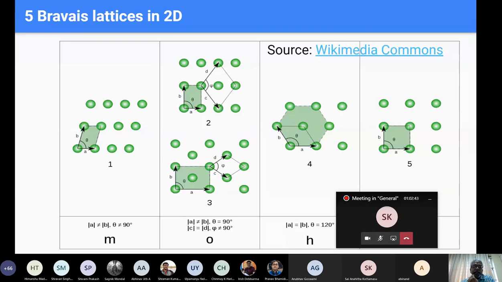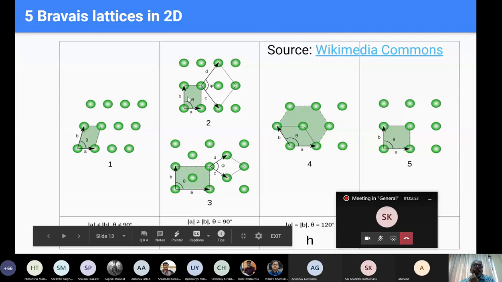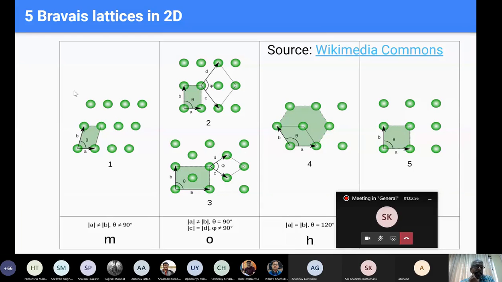So that is what you see in the next one that I took from Wikipedia. So for the rectangle, there are two kinds, right? By the way, let's start with a simple parallelogram here. A and B are different, and theta is non-special, and that's what you start with.